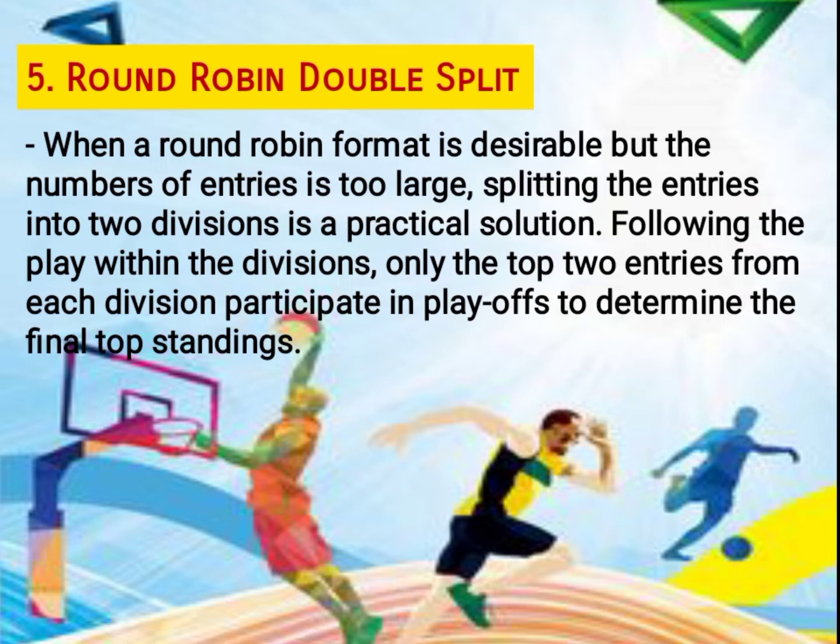The obvious benefit is that the number of games is halved. The drawback is that accurate seeding becomes important. For example, if the top 3 seeds are placed in one division and only the top 2 from each division advance to the playoffs, then if entries perform consistent with their seedings, the 3rd seed cannot play in the playoffs.